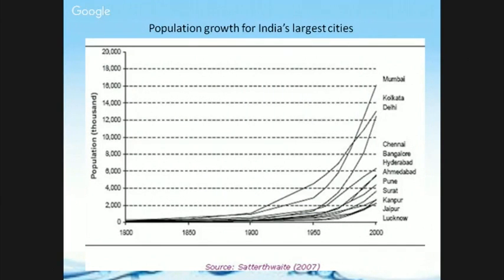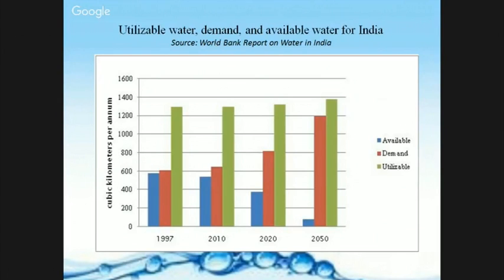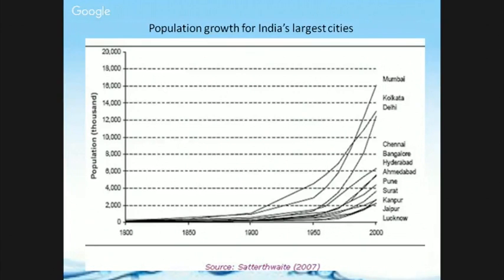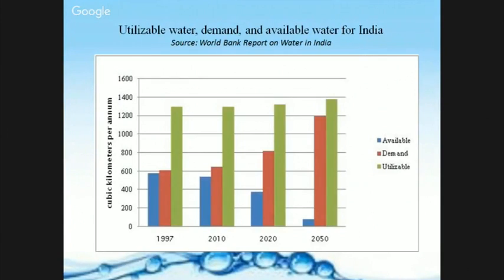This is a small progressive curve which is plotted against the population growth and the water demand. Population growth is exponentially increasing with respect to the cities in the country, and vis-a-vis, if we look at a progressive time chart with respect to the availability of water, the water demand, and the utilizable water, we find an absolute imbalance.